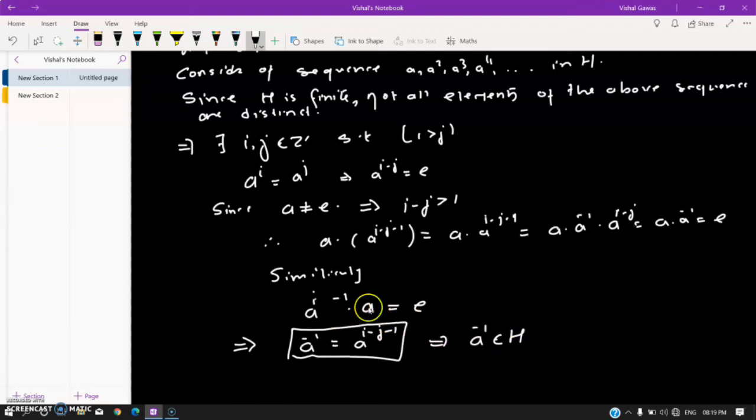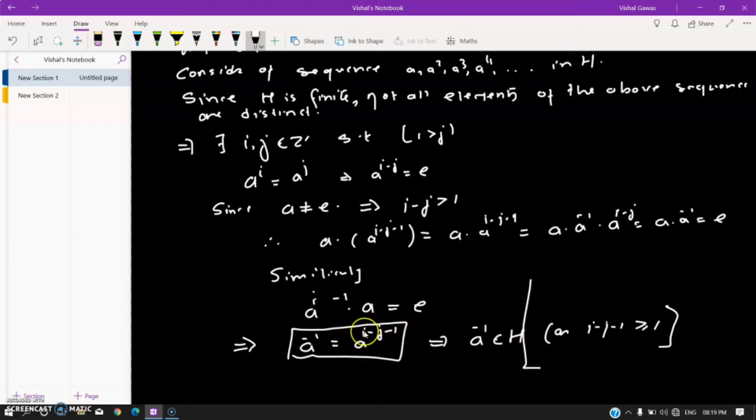Since i minus j is bigger than 1, this is a positive power of A, so make sure you understand this. Whenever I say i minus j minus 1, that is bigger than or equal to 1.